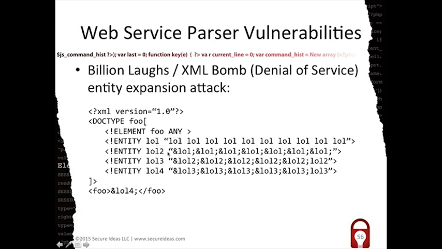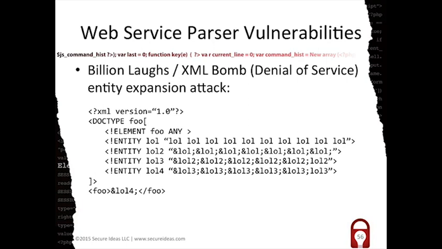So what's going to happen is when the parser reads this, it's going to expand each one of these LOL2s into an LOL line, which contains 10 LOLs. And then LOL3 is going to expand each of the LOL2s, which is going to expand LOL. So by the time we get down to LOL4 on here, we have a very large number of LOLs. Not quite a billion yet in this case.